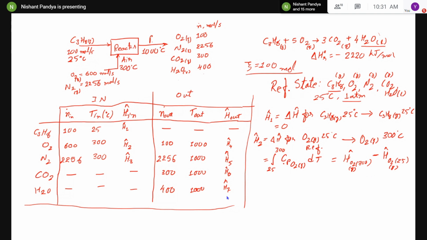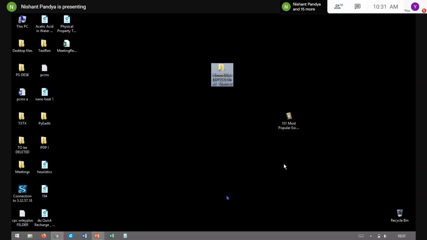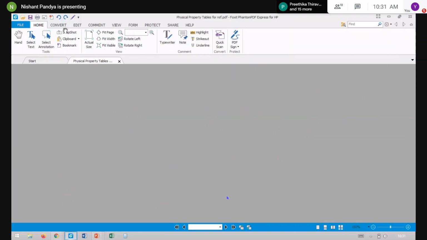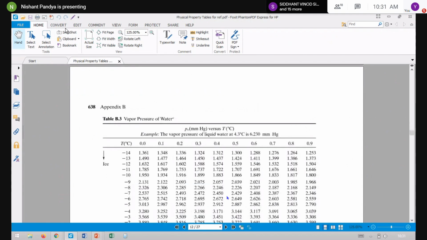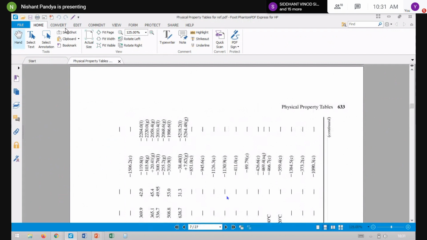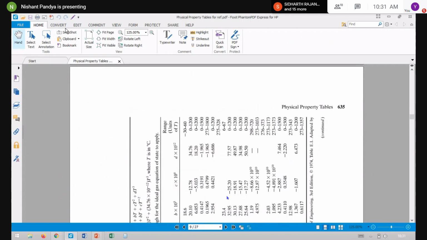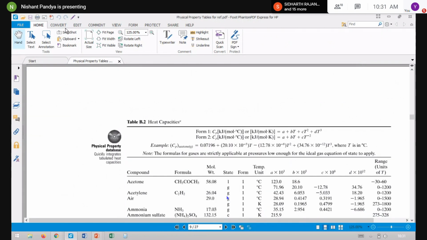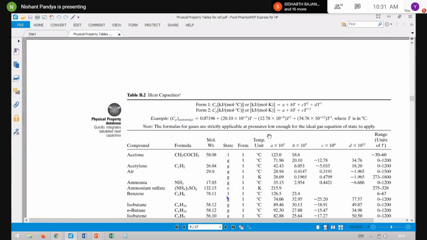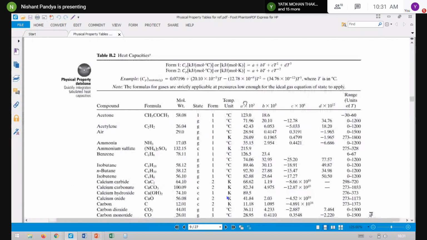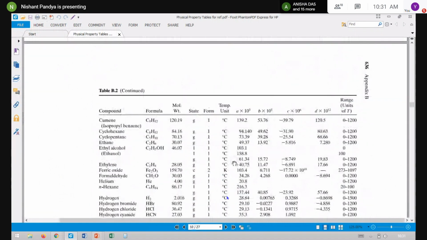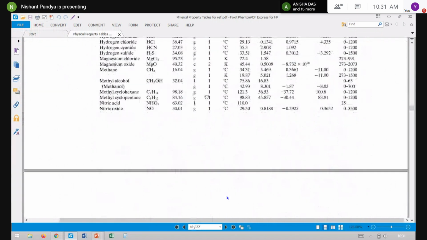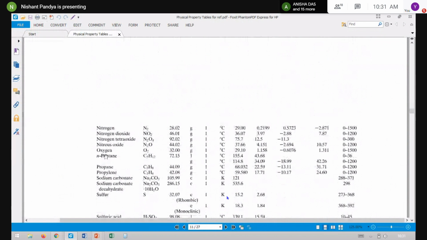So we'll go back to the physical property table. Right, so you have the table where Cp values are given. Here is the Cp value. You have the formula and everything given here. You can go and check where the formula for oxygen is, nitrogen, oxygen here.